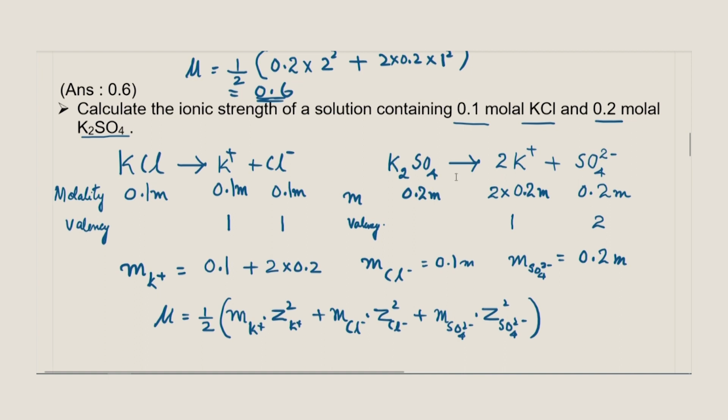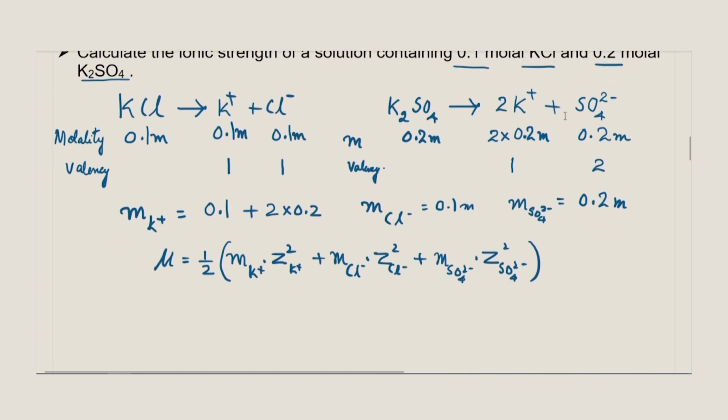Okay. Now, let us substitute, that is half into molality of K plus ions, which will be 0.1 plus 2 into 0.2, that will be coming around 0.5.